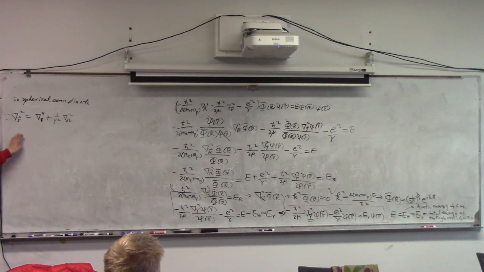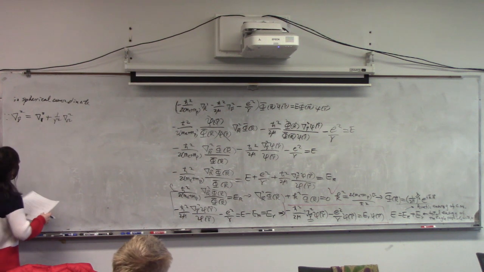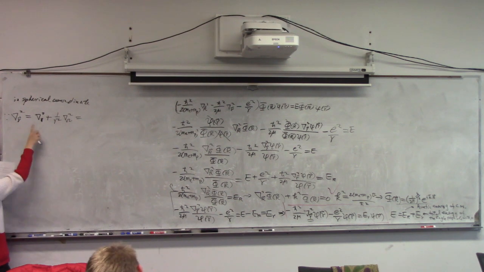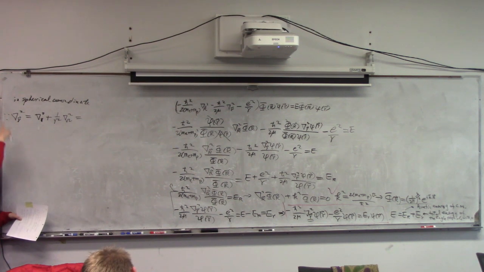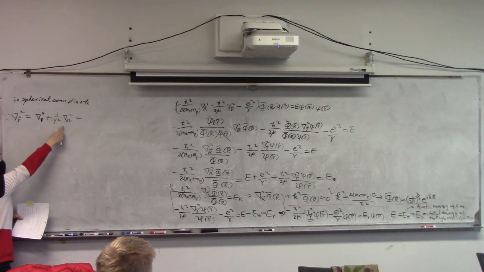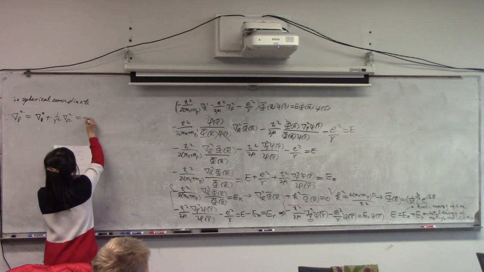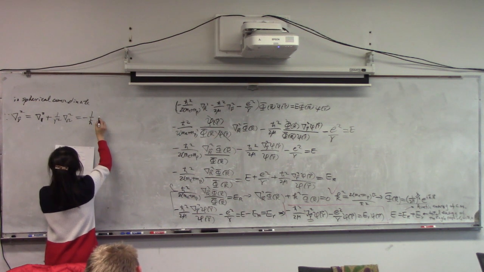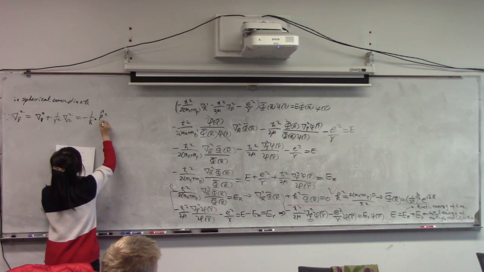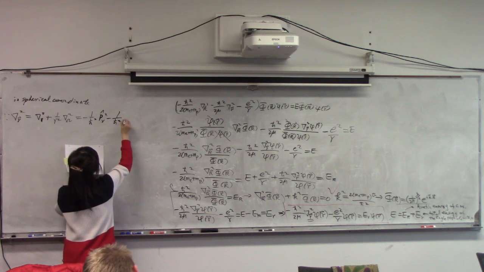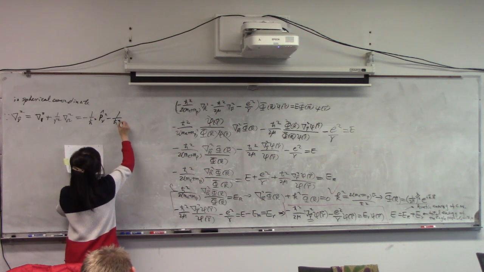Remember this? I just reminded you, right? And then we know the physical meaning of these two. One corresponds to the radial kinetic energy operator, another is the angular momentum, right? So here I just rewrite in terms of the radial kinetic energy operator, P_r, remember this, and this one is squared.